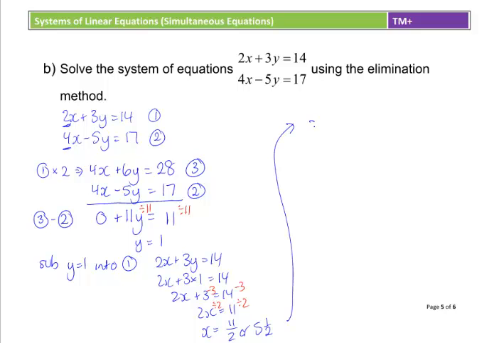Okay, and now write out my solution. The solution is x equals 11 over 2, y equals 1, or as an ordered pair, (11 over 2, 1). In algebra we usually leave them as improper fractions. Again, I'm not going to go through the check, but you can check to make sure that is correct.